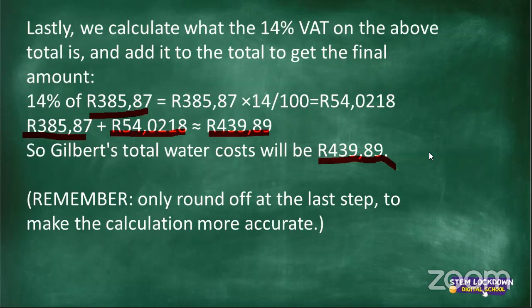If they are not specific, then we work with the 14% unless they tell you otherwise. But at times you would get 15% VAT. That is still correct, because as of April 2018, the VAT was increased to 15% instead of 14%.